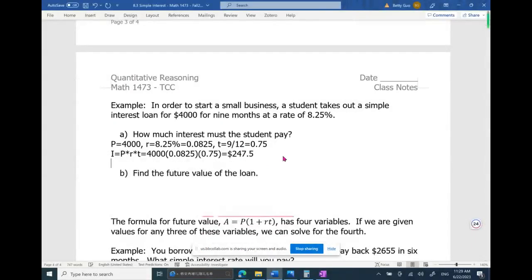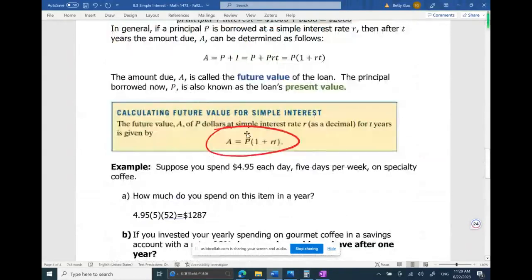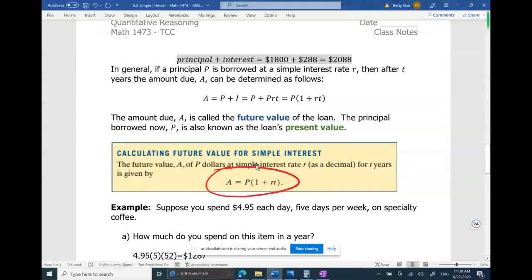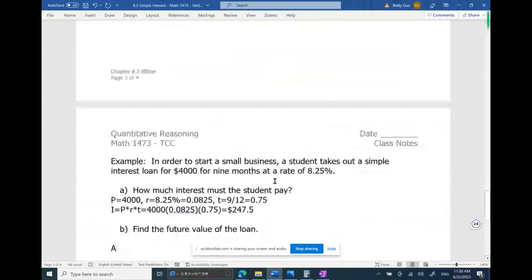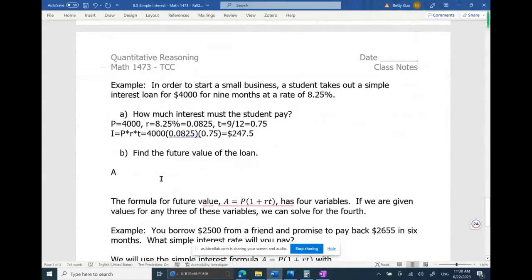Part B, find the future value of the loan. You do not have to memorize the second formula for future value. I don't really do that. All I remember is the first formula for finding the simple interest, and I know the future value of the loan simply is the sum of the principal and the interest. So for part B, we are looking for the future value of the loan, A, and it is the sum of the principal and the interest.